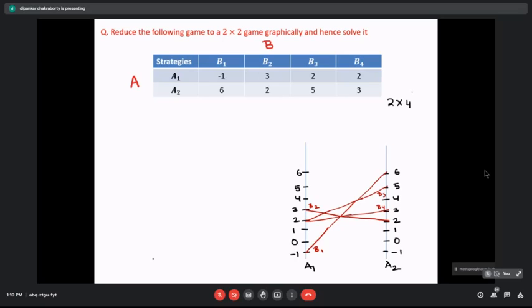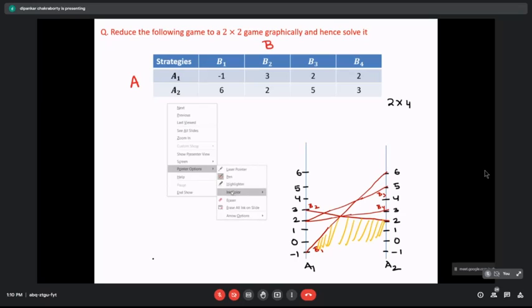Now as this is a game of 2 cross 4, first of all we are going to find out the lower envelope, because the rule is maximin. Remember that. The rule is maximin. So first you find the lower envelope, and from this lower envelope we find the maximum point, and here the maximum point is this.